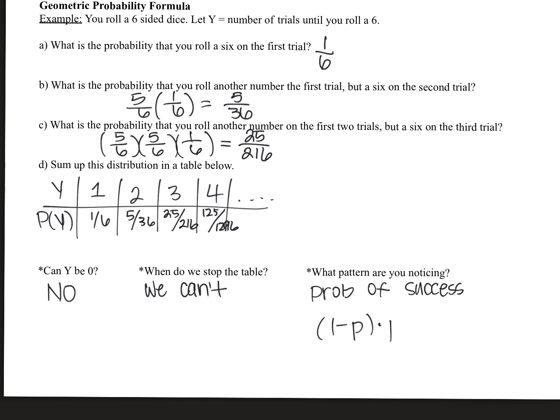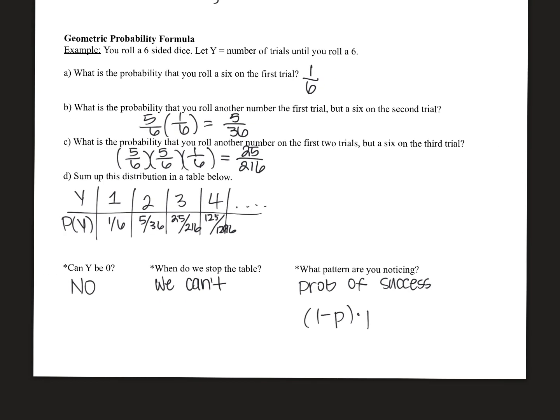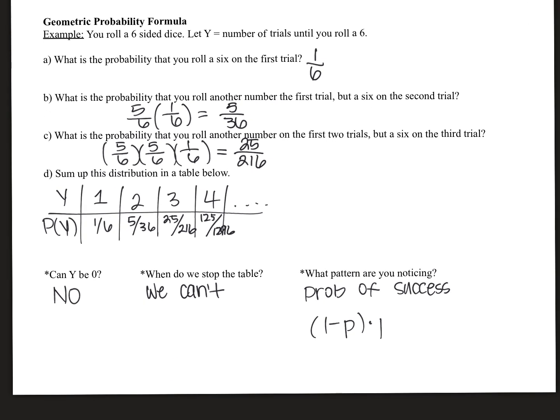And that continues. Sorry, I put the number of failures in the wrong place. That should be an exponent. So if I had 2 failures, it'd be 5/6 squared times 1/6. So the probability of success can only happen once, but the probability of failure can happen multiple times, which then leads us into the actual formula.